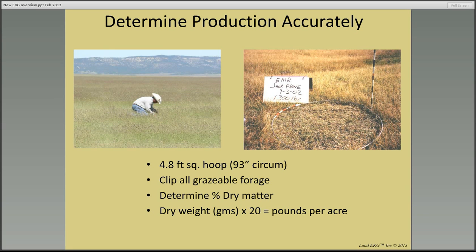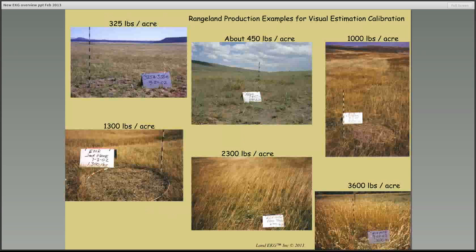We can convert grams to pounds per acre by multiplying the dry weight in grams by 20. That's the conversion factor, and that converts to pounds per acre. Very simple way to go out and collect that information.